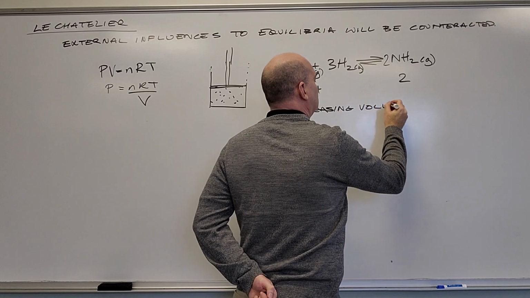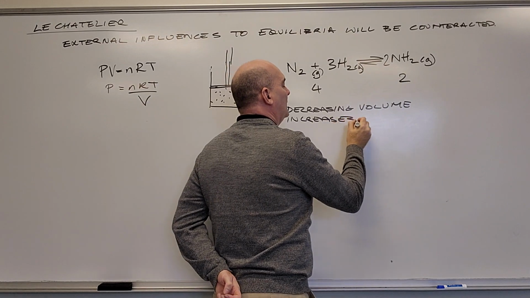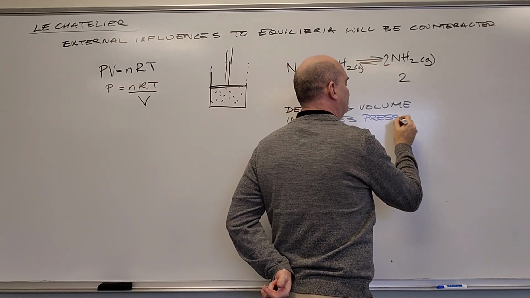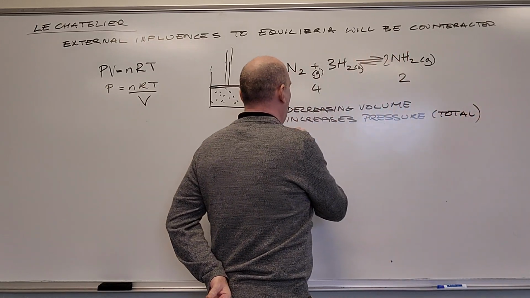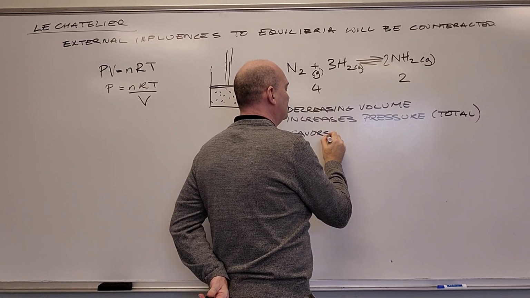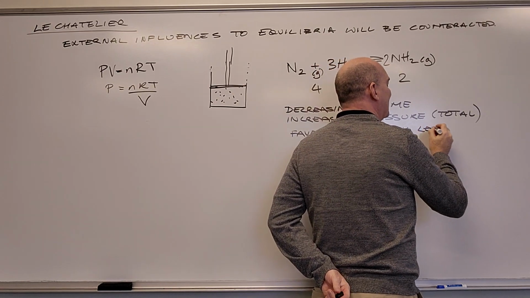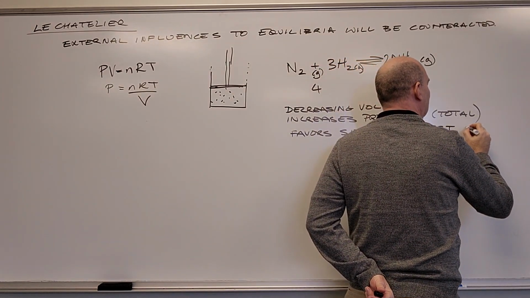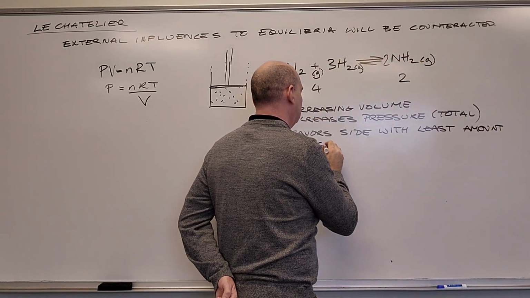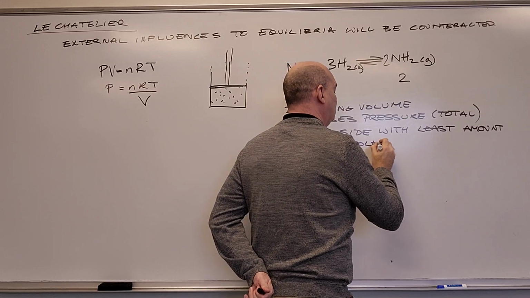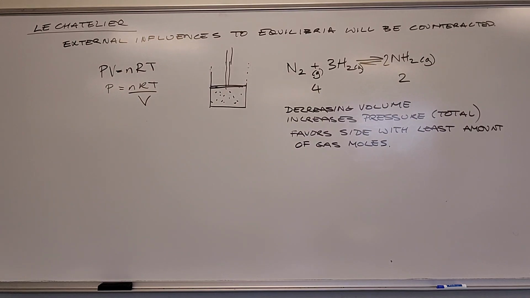Decreasing volume increases pressure, the total pressure. And that favors the side with the least amount of gas particles, because the gas moles are sensitive to pressure.